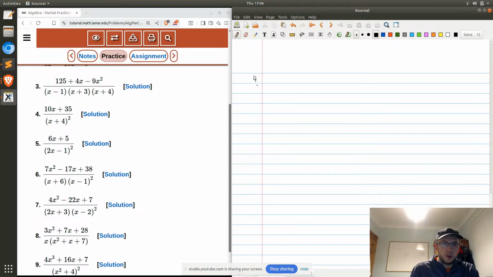So for problem 4, how is this going to look? Well, let's think. So we've got 10x at 35 over the square of x at 4. And we want that to be equal to that plus that.